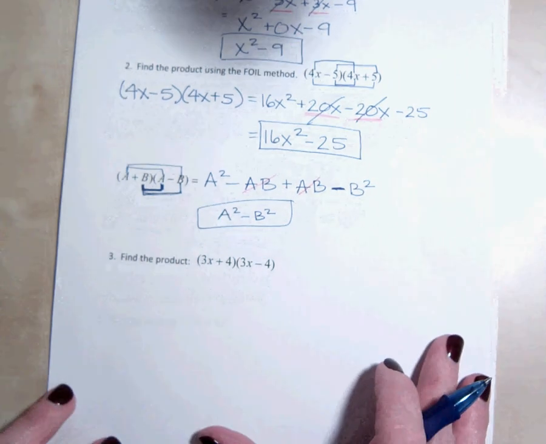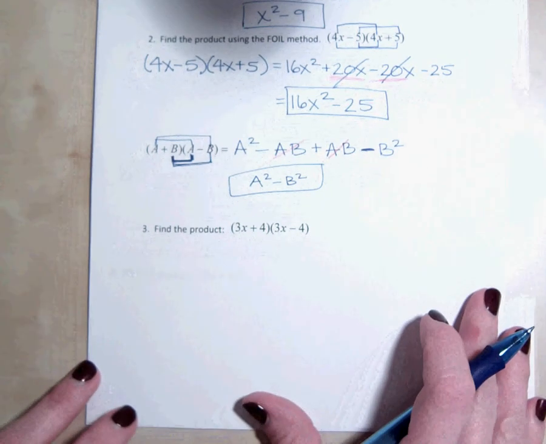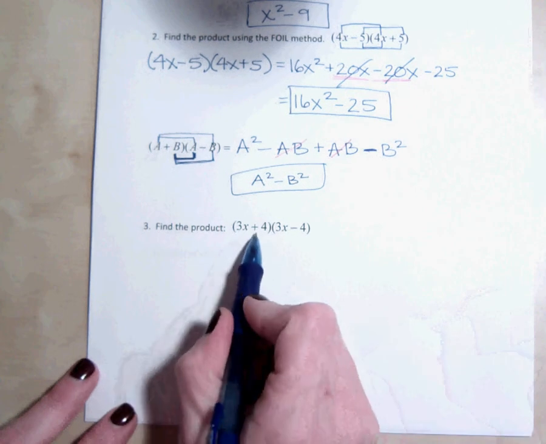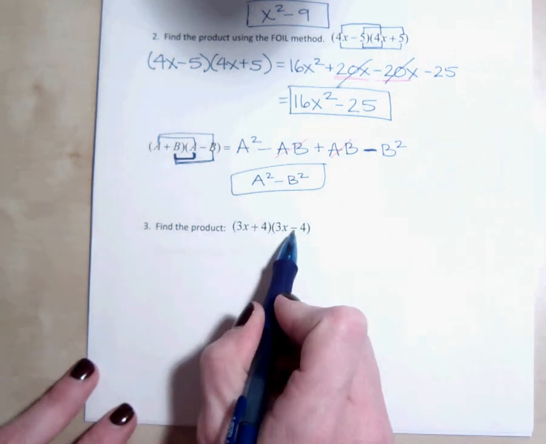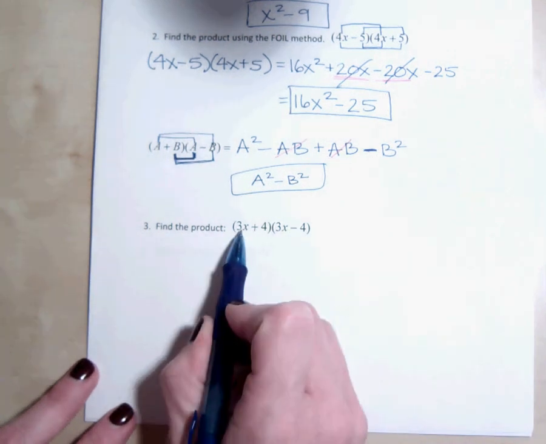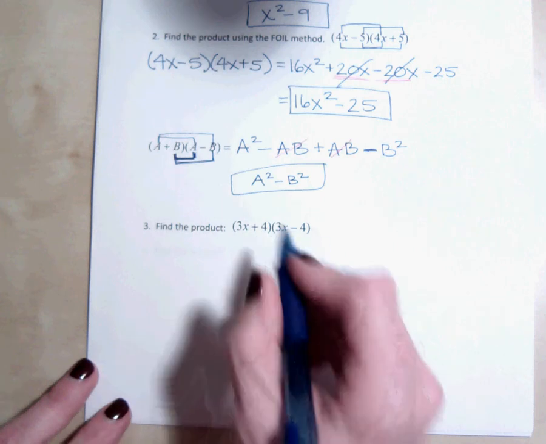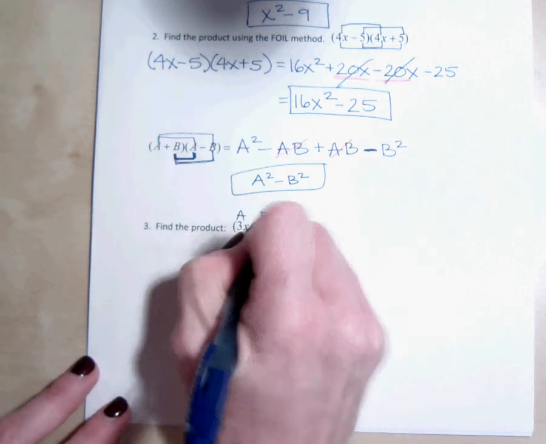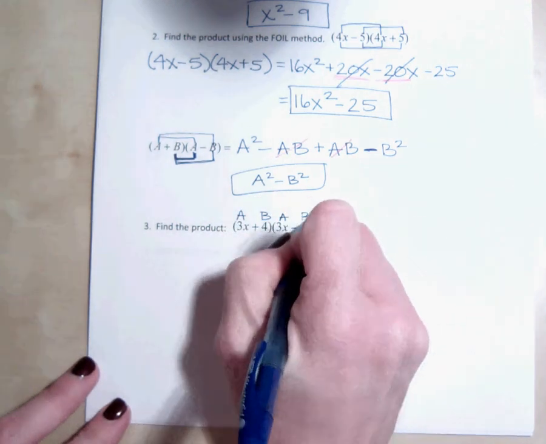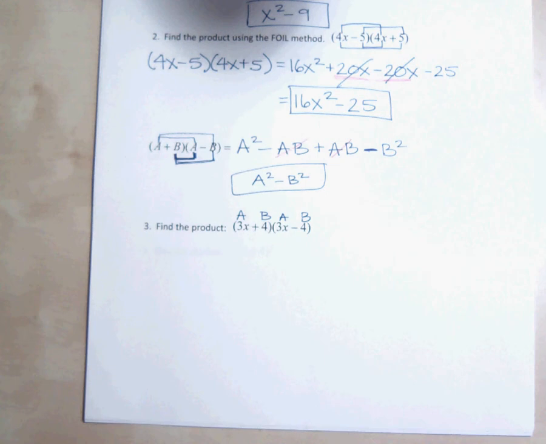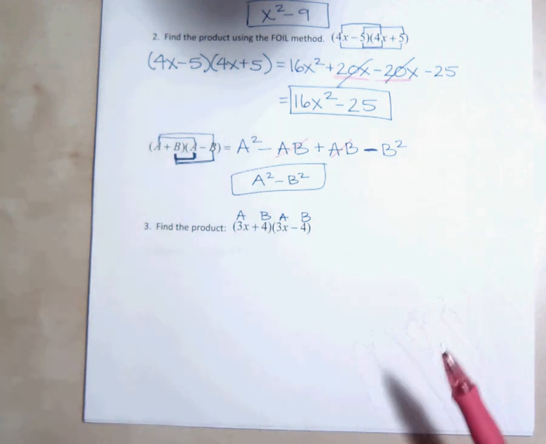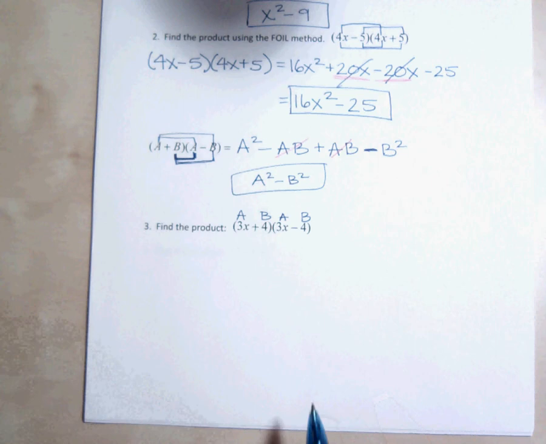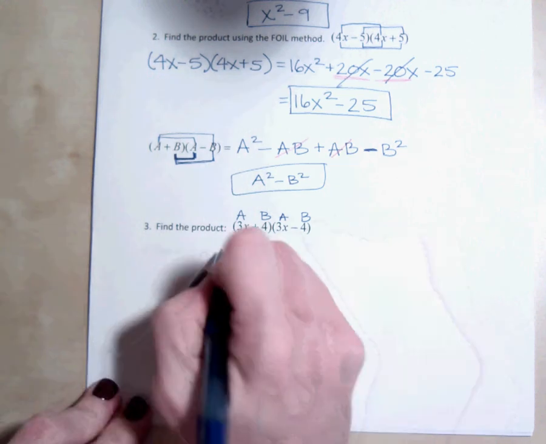So anytime you have a problem where you notice you have the sum and difference of two terms, like we have here, this is a sum, this is a difference, but everything else is the same, 3x, 4, 3x, 4. Think of this as your a and this as your b. And then just realize that the middle terms will add up to 0. So all we have is a squared.